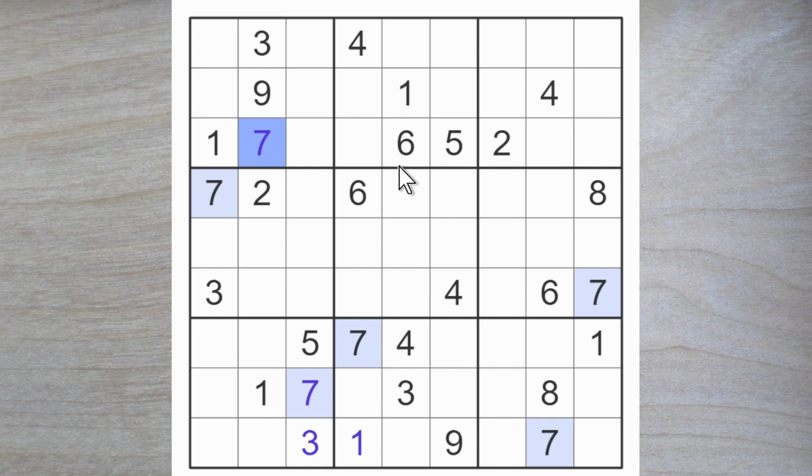We got 6s blocking down, so a 6 goes here or here. Nine blocks down and across, one of these is a 9. We also have a 1 here.